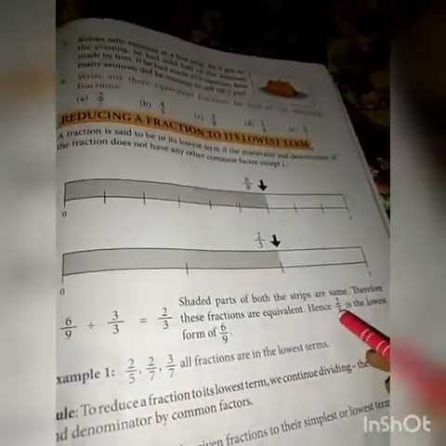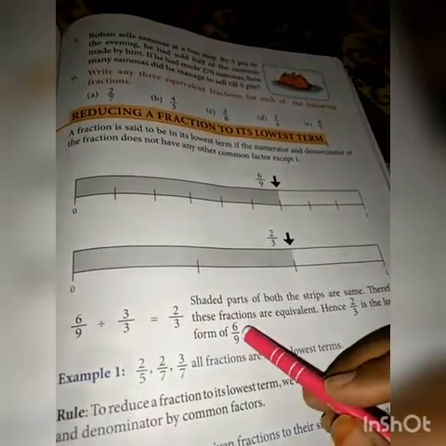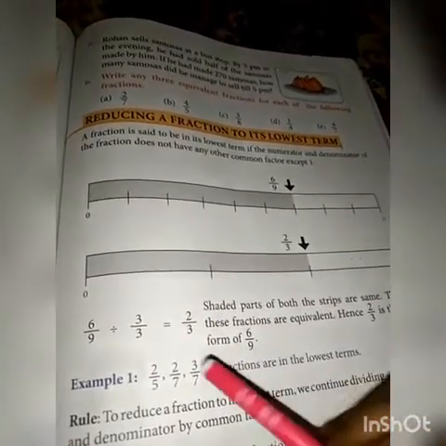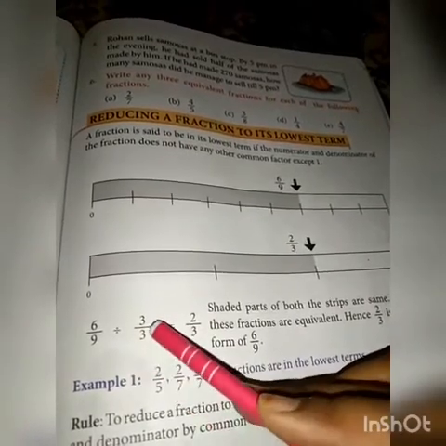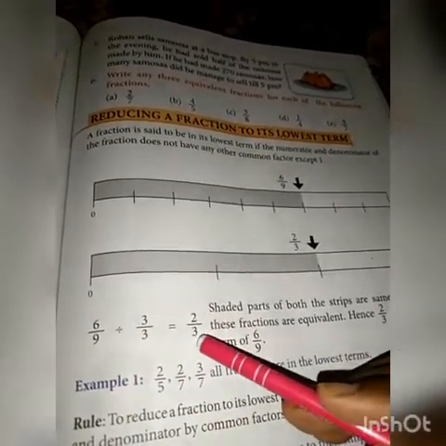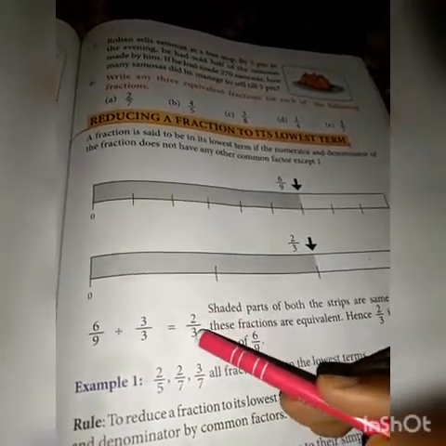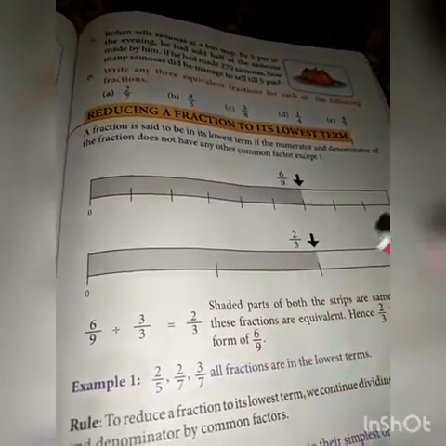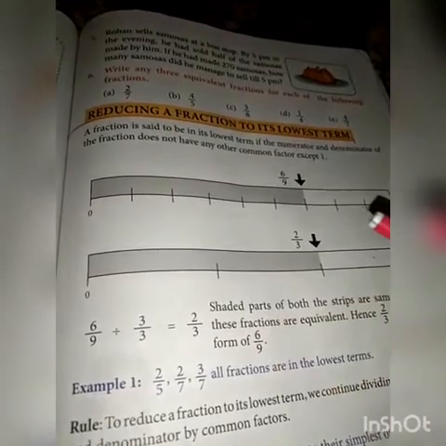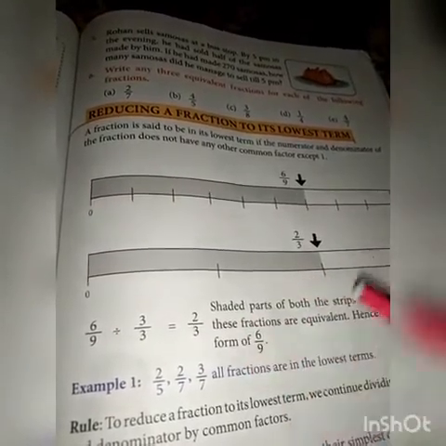Hence 2 upon 3 is the lowest form of 6 upon 9, because after dividing 6 upon 9 by 3, 2 upon 3 is the answer, and 2 and 3 only divide by themselves.